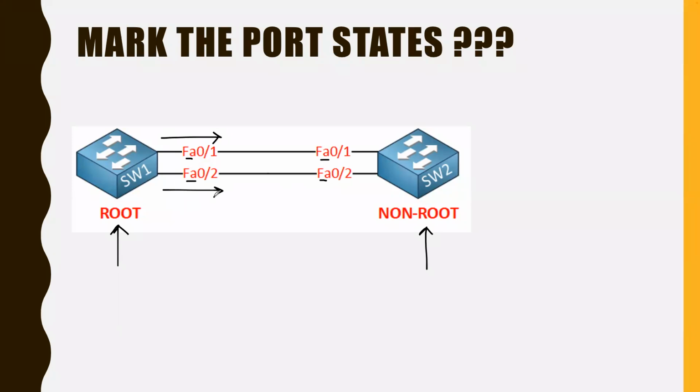Now the third criterion is the lowest sender port ID. The sender port ID is FastEthernet 0/1 over here, so this will become your root port on this switch. This is your designated port, and this will go into a blocking state.